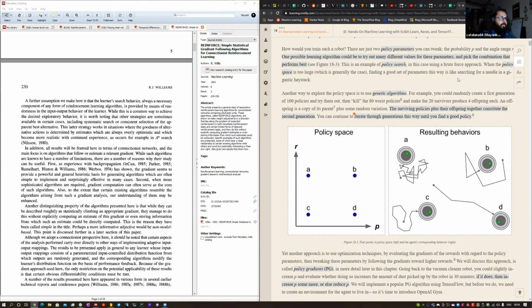This can also be thought of as an evolutionary approach, in which a similar thing happens.